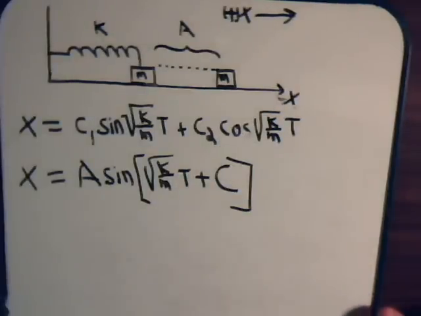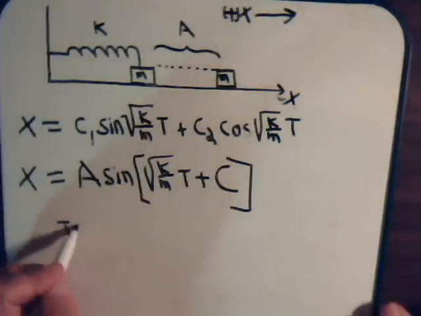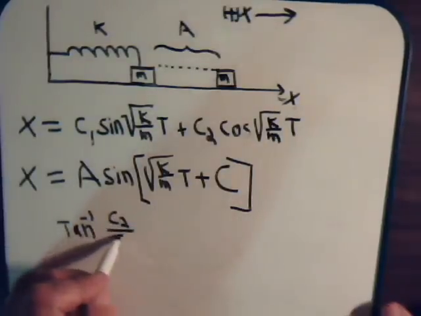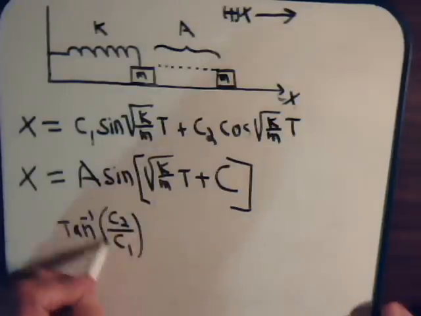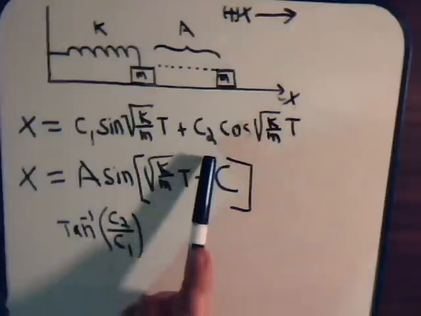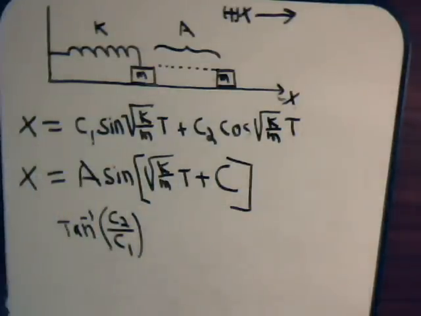We can say, yes, there's a phase angle, and that phase angle will equal the inverse tangent of C2 divided by C1. Now, as you saw in the last video, the initial conditions might be set up so that this is 0. And if that's true, what that means is one of these arbitrary constants will come out to equal 0 when you set up the initial conditions.